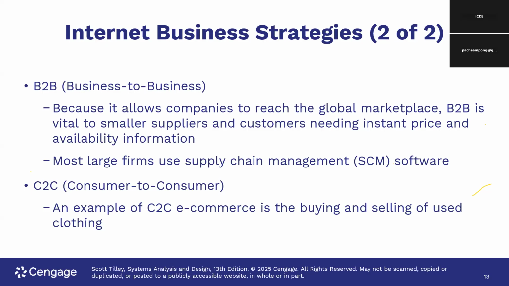The strategy you use for consumer to consumer may be different from the ones you use for business to business and business to consumer as a systems analyst. So back to my question, why do I need to understand this as a systems analyst?